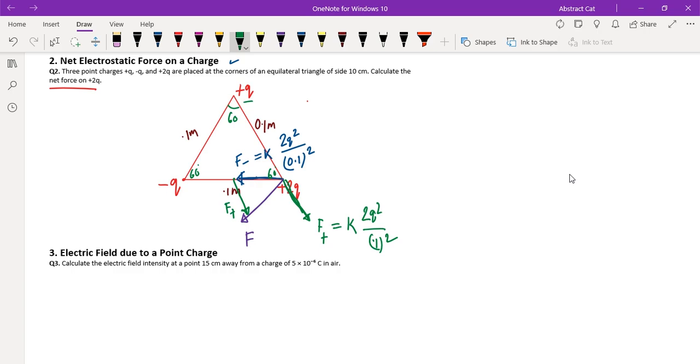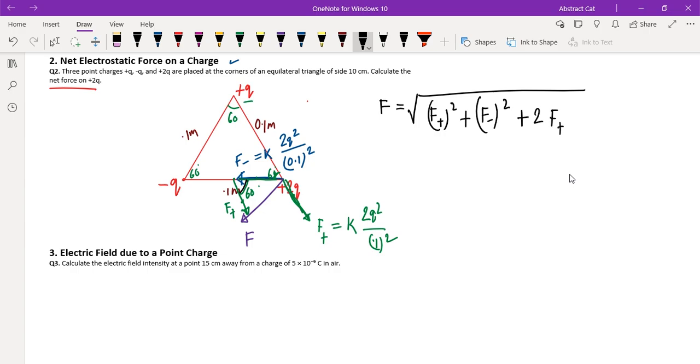This angle is 60 and this angle will also be 60, because this line and this line are parallel, so these are alternate angles. From the alternate angle concept, we solve this. And from vector algebra, we know the resulting force is equal to the root of F plus square plus F minus square plus twice F plus times F minus cos of the angle between these two vectors, which is 60 degree.